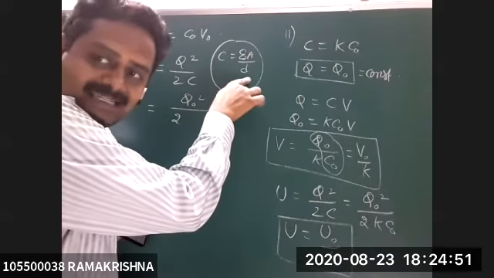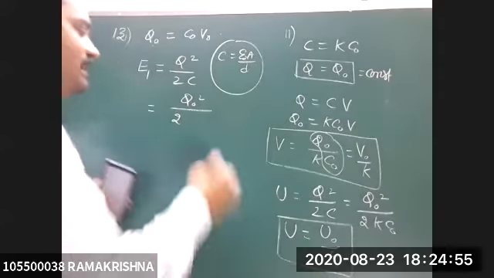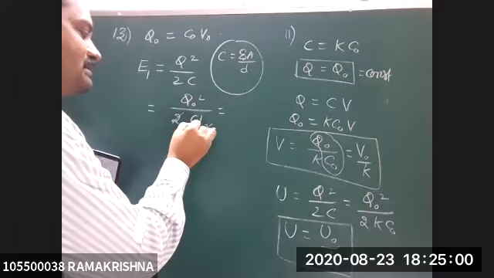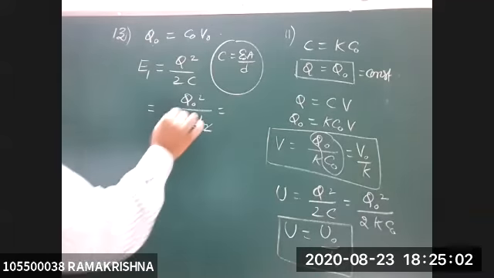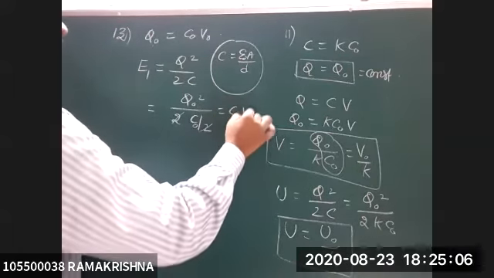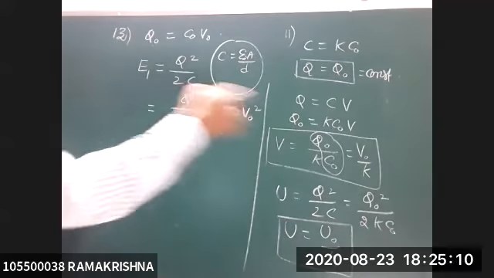On doubling the separation between the plates, capacitance is halved, right? So it is C naught by 2. The 2 gets cancelled, but we know Q naught is equal to C naught V naught. On substituting and simplification, we get C naught V naught square as the value of E1.